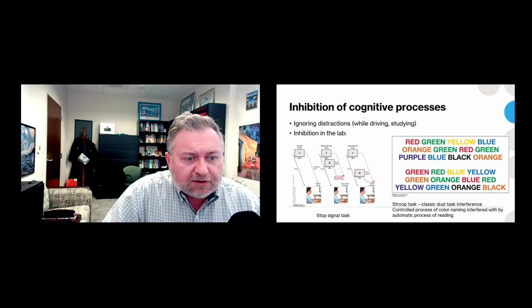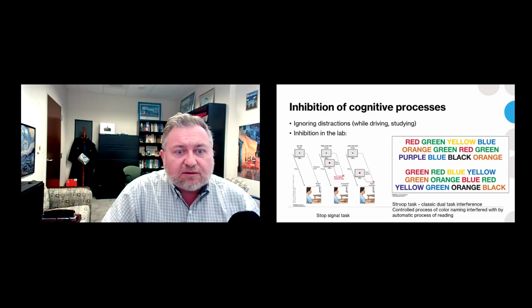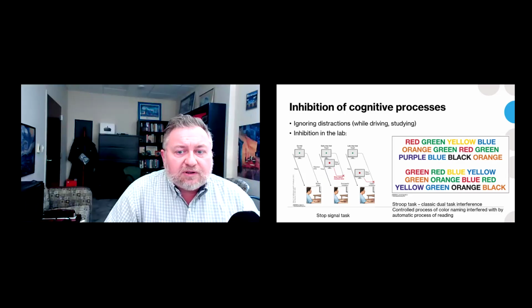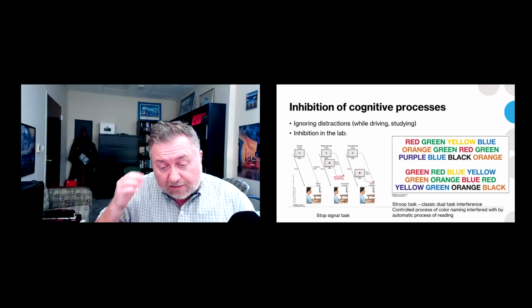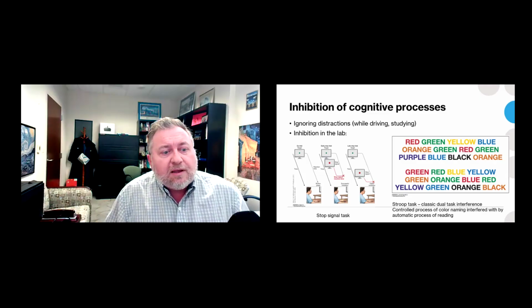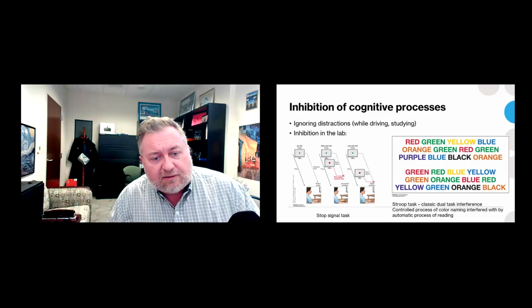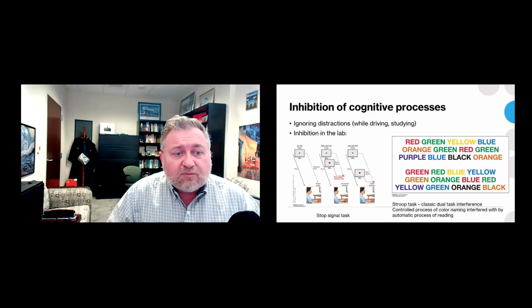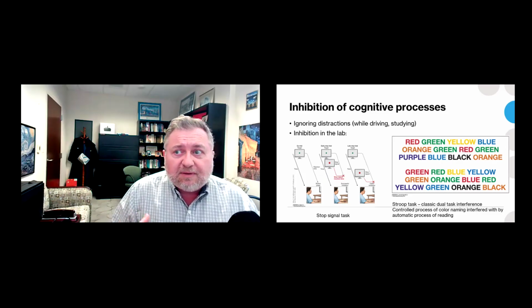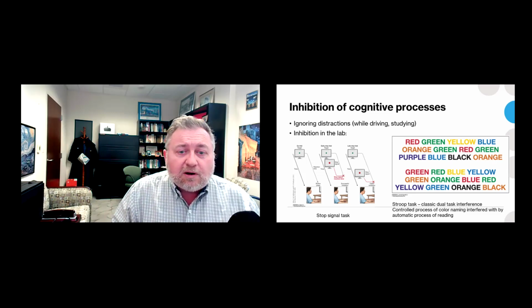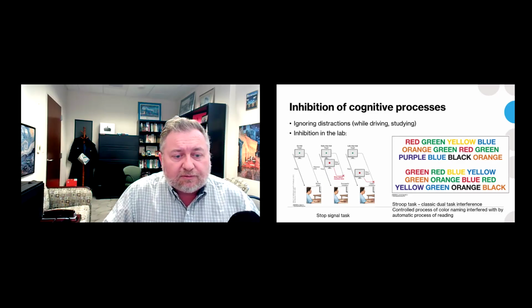So as we learned when talking about attention, we need to inhibit distractors. And inhibition is a form of cognitive control, right? And so it's effortful in a way. And sometimes we also have to inhibit internal distractors, right? I need to maybe force myself to not think about other things, memories, and things that are on my mind while I'm trying to drive or study and so forth, right?